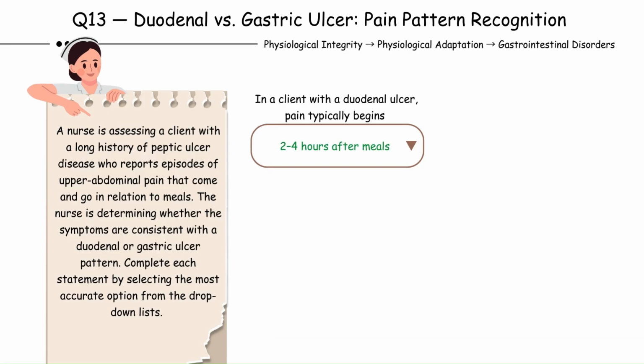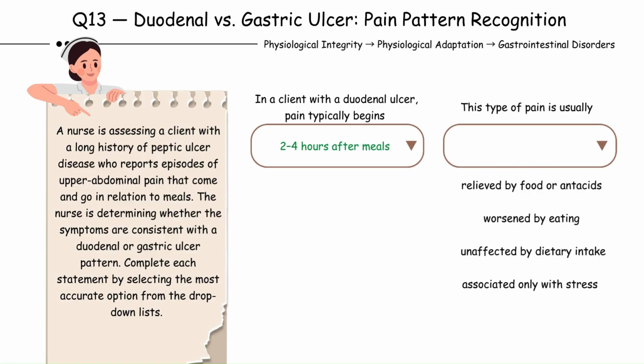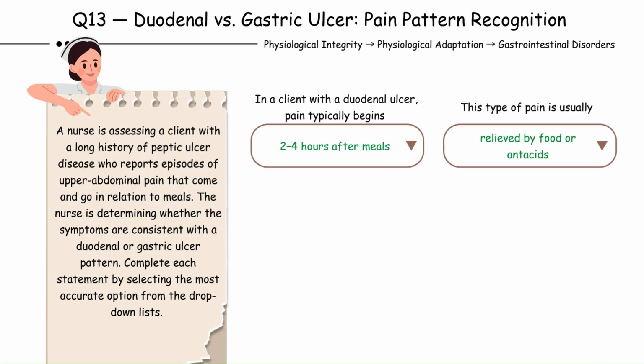Second statement. This type of pain is usually, choices for the blank 2 are relieved by food or antacids, worsened by eating, unaffected by dietary intake, or associated only with stress. The correct choice is relieved by food or antacids.